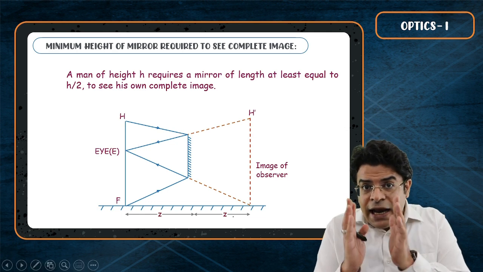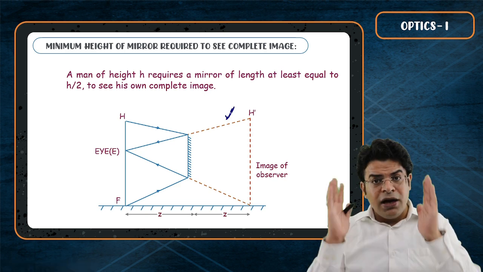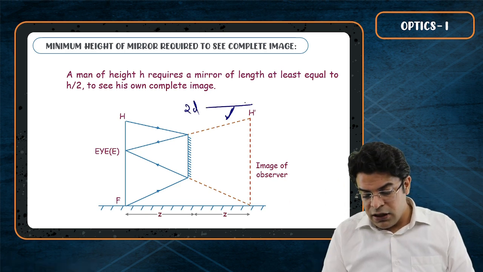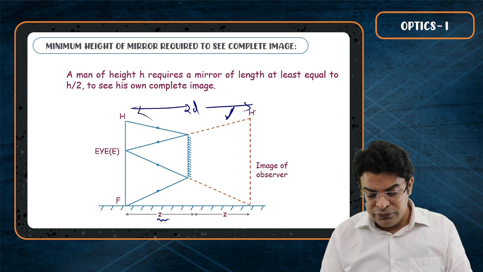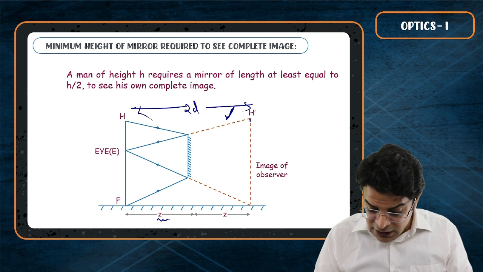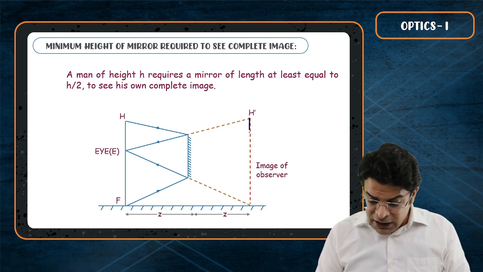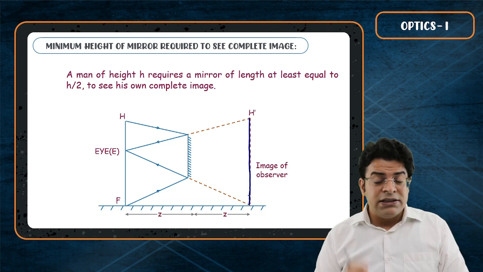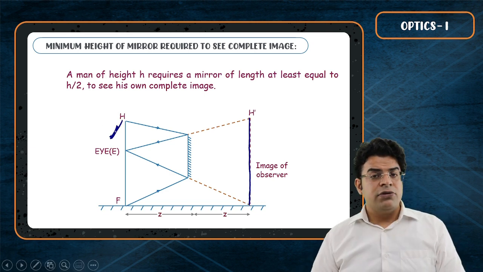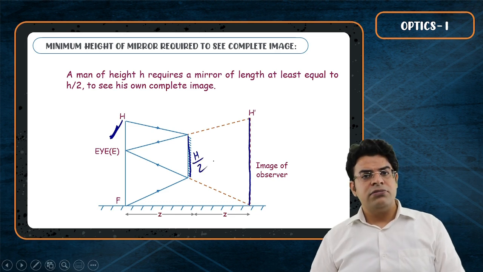So their sides have to be in a specific ratio. Now the height of this bigger triangle is double the height of this smaller triangle. So if the height of the bigger triangle is double, this means that the base length of this bigger triangle is double. And the base length of this bigger triangle is equal to the height of the person. So the height of this mirror has to be half the height of the person.